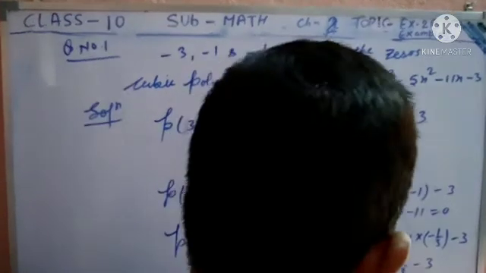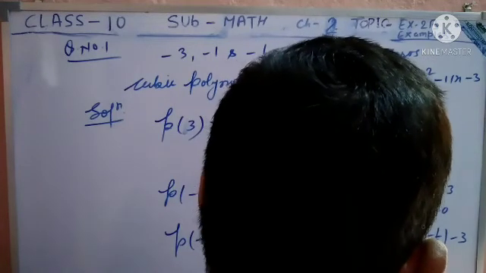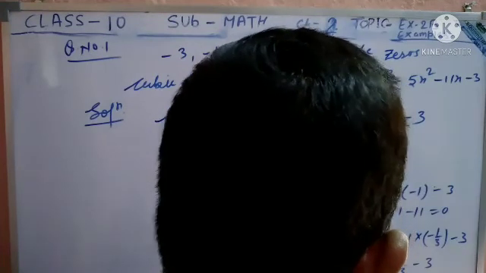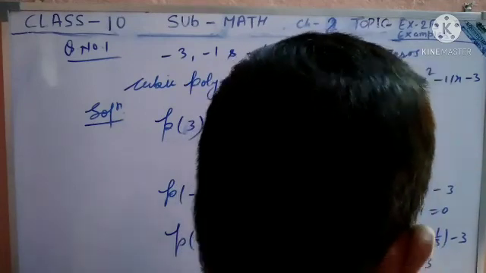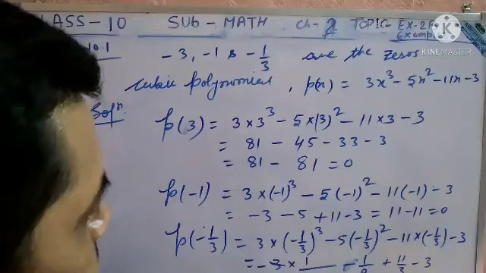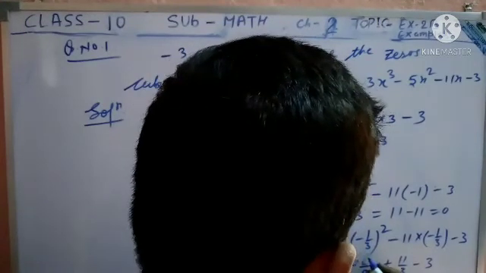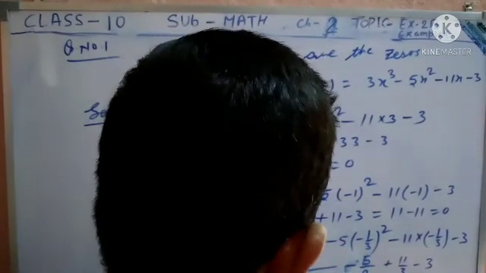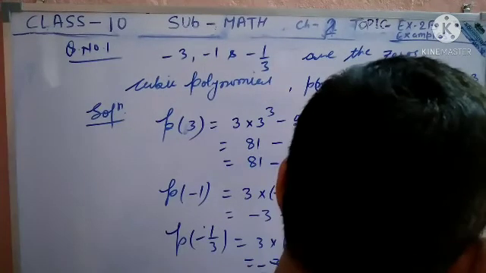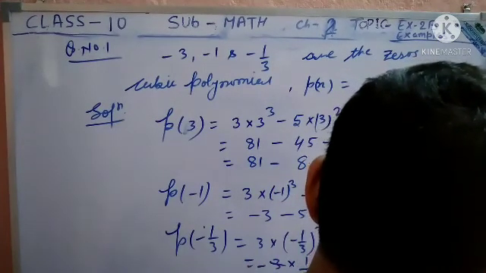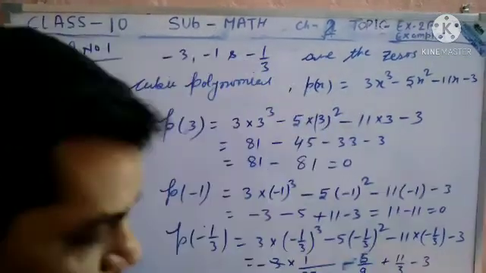That comes to 0. So these zeros are satisfied by this polynomial.